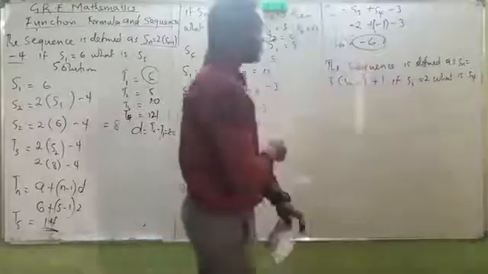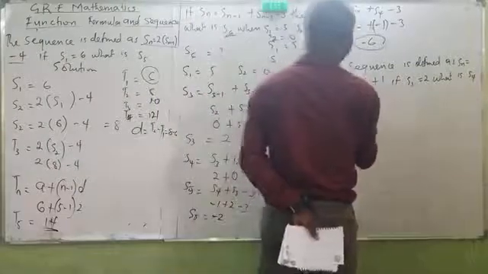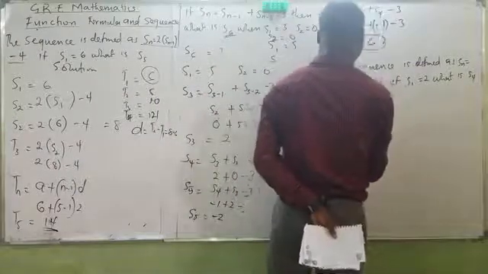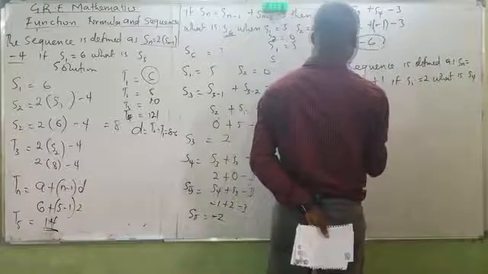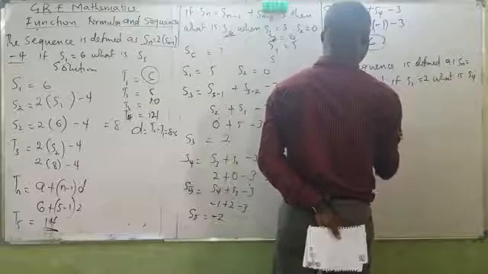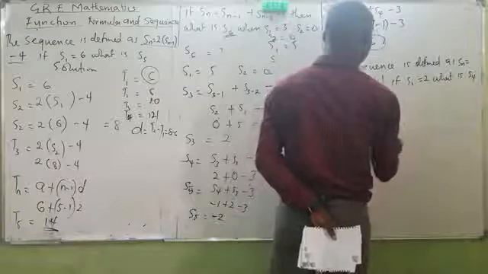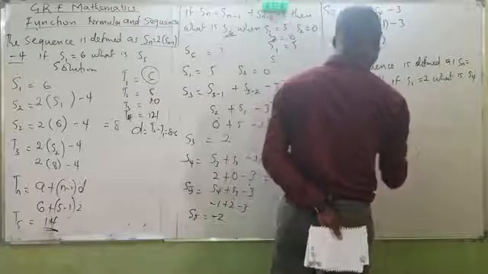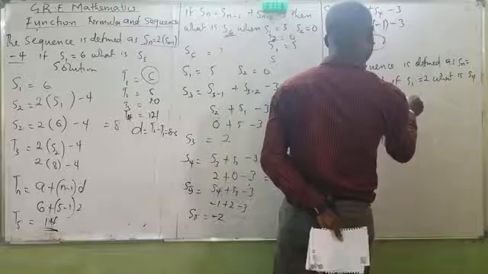Now, I just need to know that my S1 equals 2. My S2 will be equal to 3 bracket of S1 plus 1, which is going to be 3 bracket of 2 plus 1, which is 6, 7. It means my S2 equals 7.